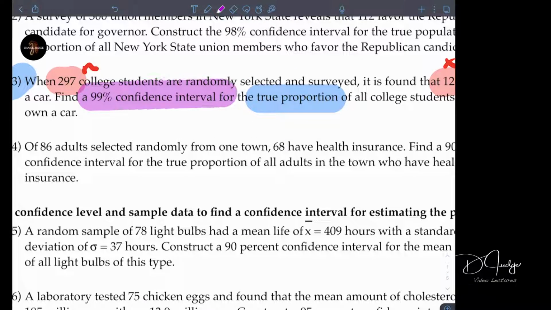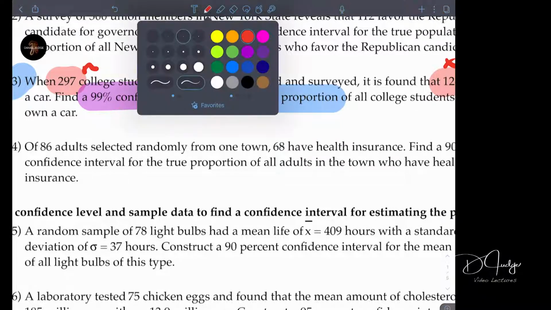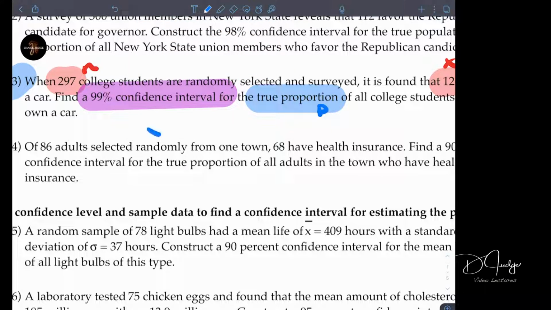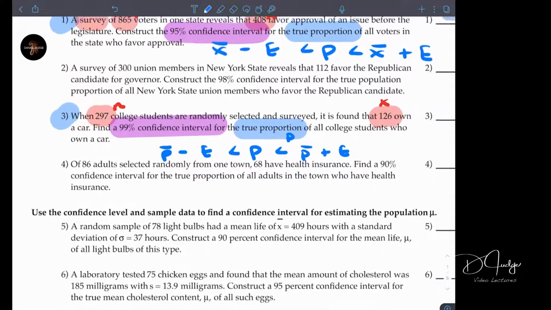They're going to say, find the 99% confidence interval for the true proportion again. Okay? So again, it's the sample proportion minus your error less than the true proportion, less than the sample proportion plus the error, so we have a lower bound and an upper bound again.